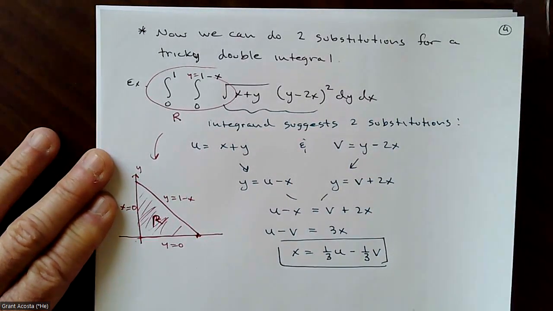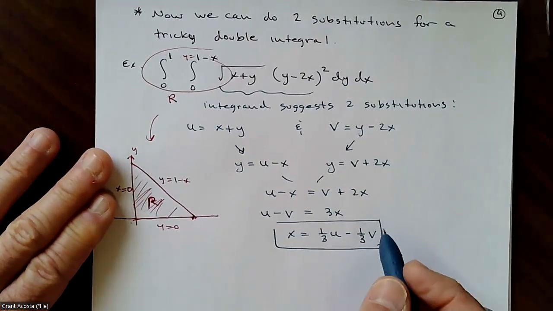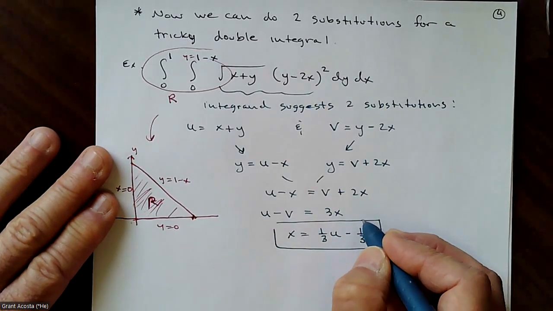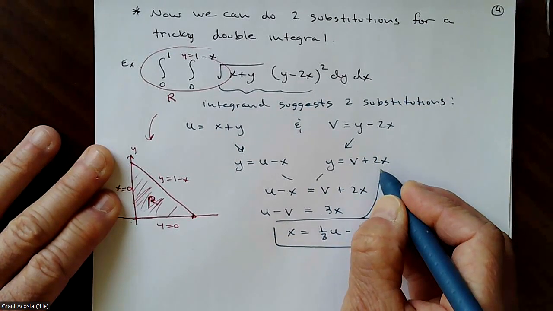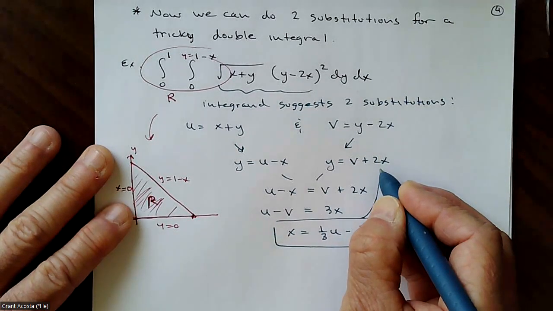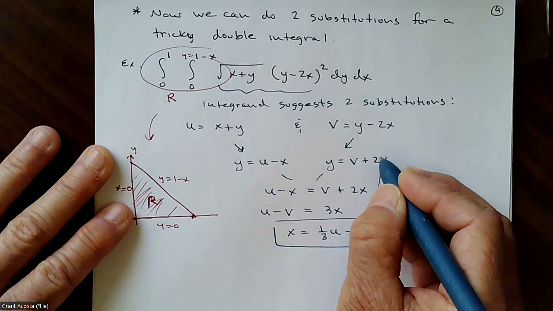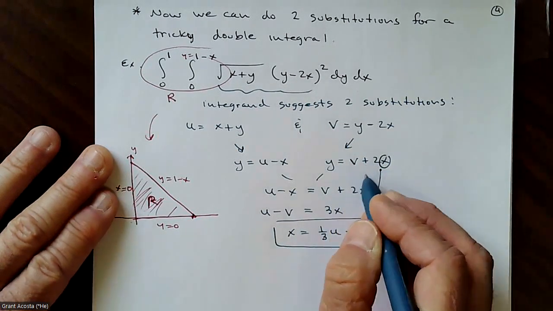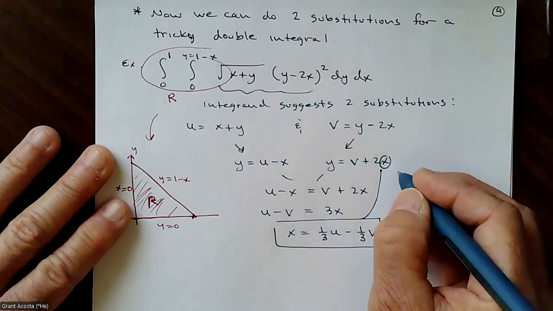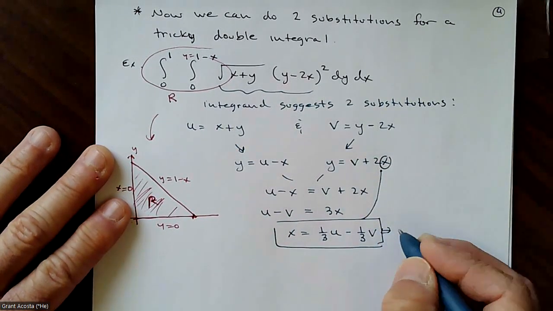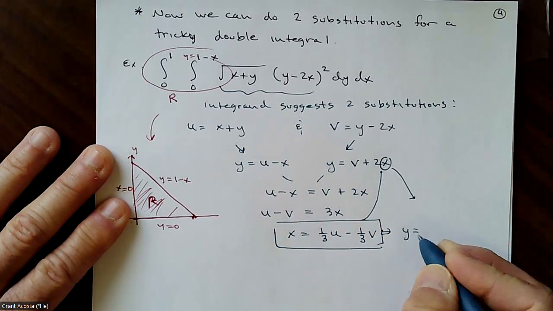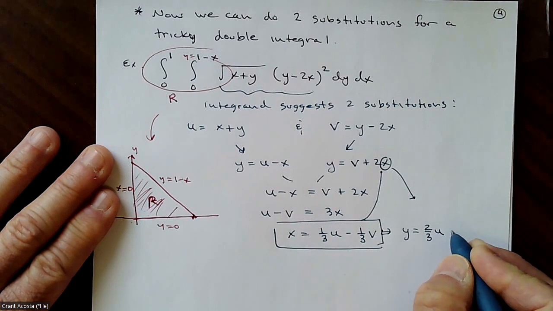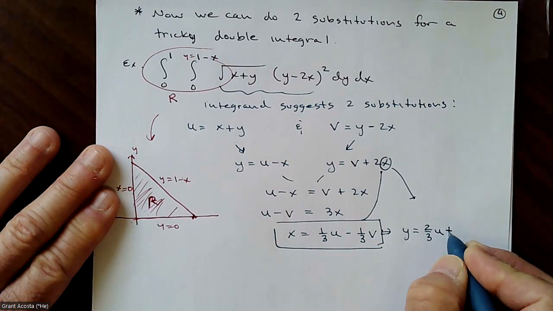We also need to solve for y. And there's ways I could do that. So for example, if I were to put x right into one of these, maybe now that I'm looking at it, yeah, it doesn't matter. I've already drawn the arrow to here. If I put this into here for x and isolate and solve for y, you can show that y, I'll let you do the work here, y would be equal to 2/3 u plus 1/3 v.